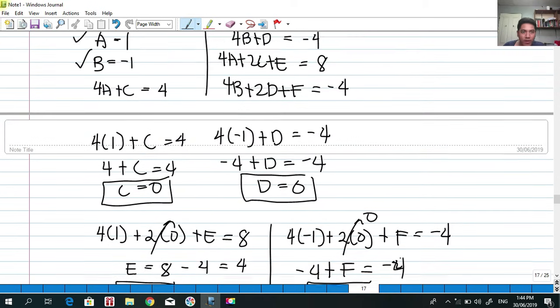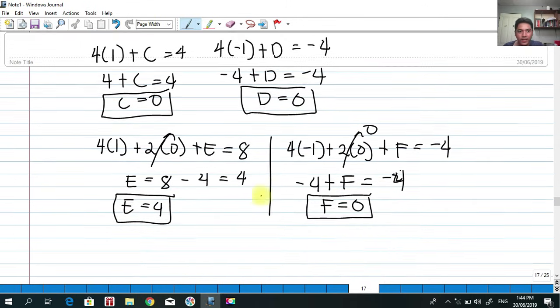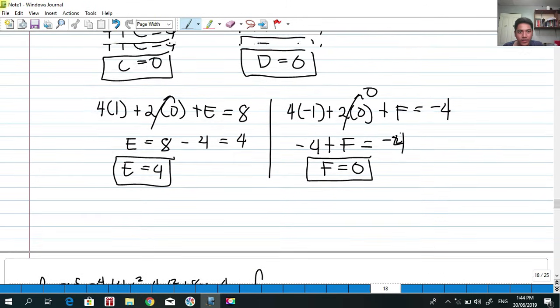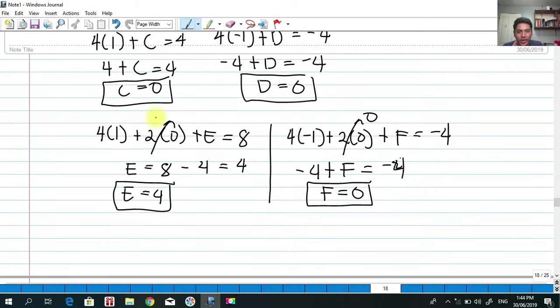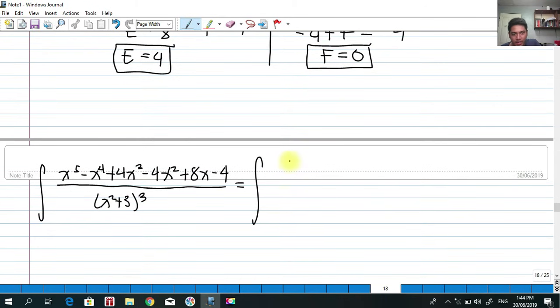The value of our a is 1. Ax plus b, what is the value of b? That is negative 1. So ax plus b simply will be x minus 1. We have a constant coefficient a here, which is 1, so it is 1x, or simply x, minus 1. The value of our b is negative 1.